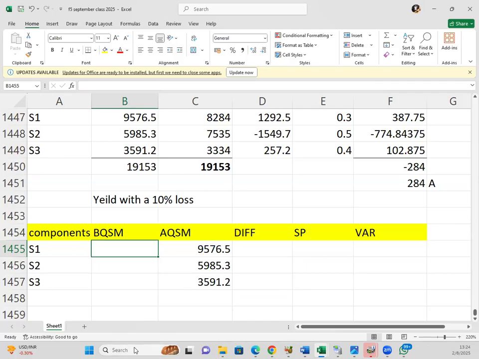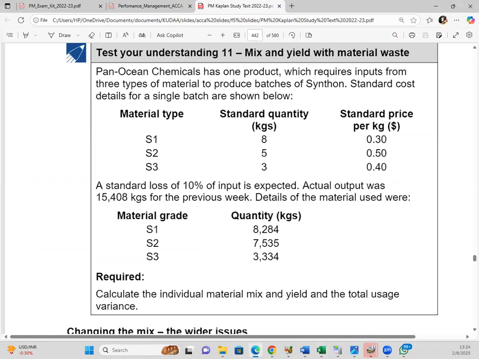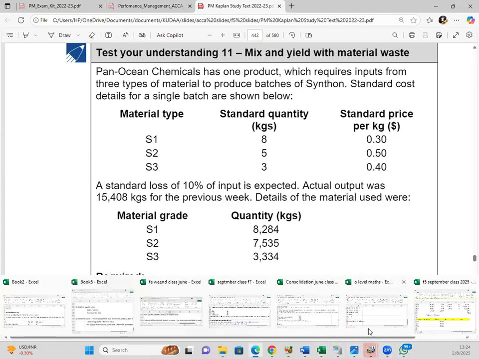Let's go to the question. So the question is saying that the actual output was 15,408 kgs. So we want that actual output and we flex it to see what would be the actual output before the loss.